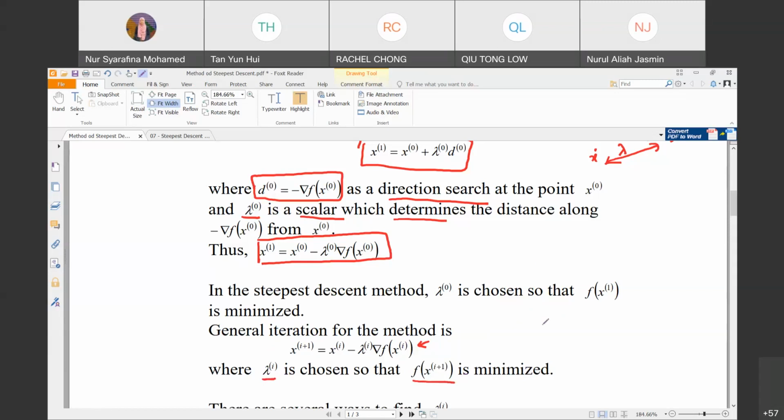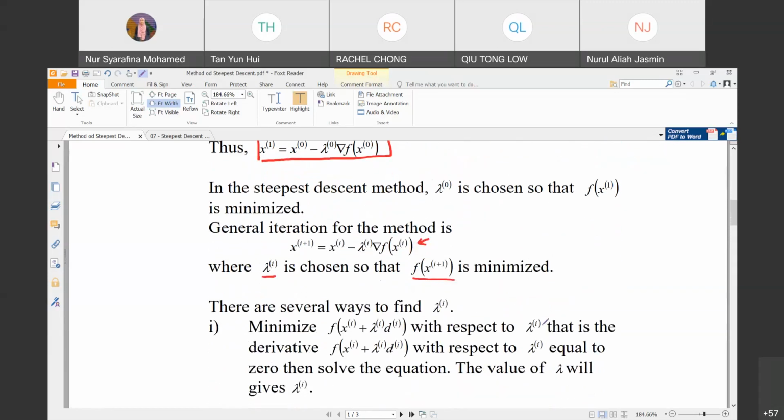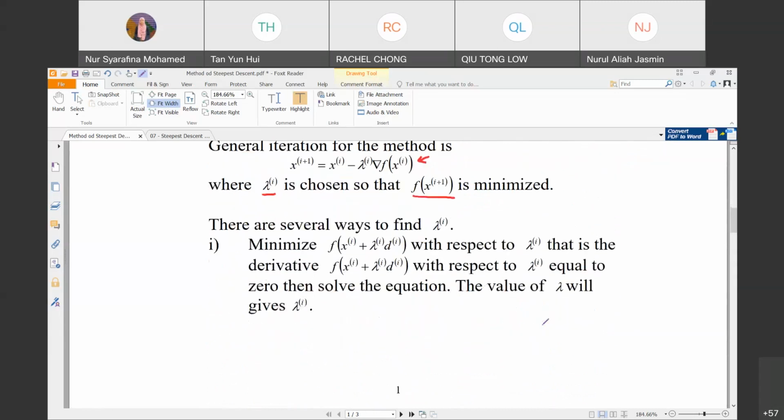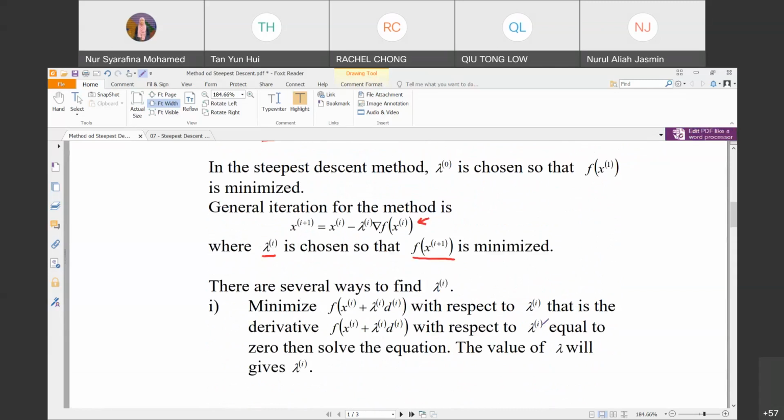Let's take a look. There are several ways to find lambda. We minimize the function with respect to lambda, that is, the derivative of the function with respect to lambda equals 0. Then we solve the equation, and the value of lambda will give lambda i.